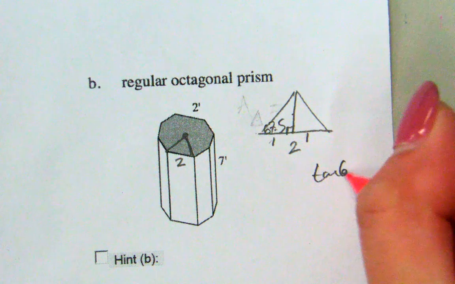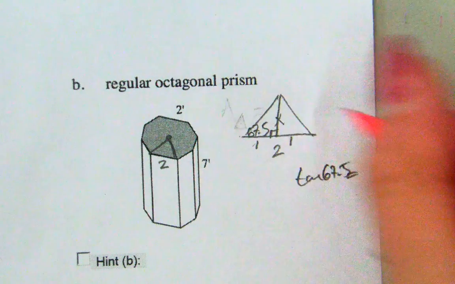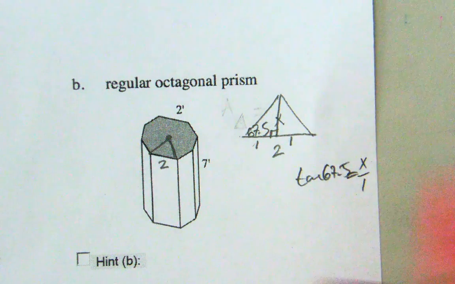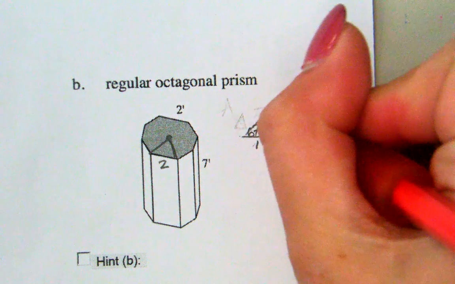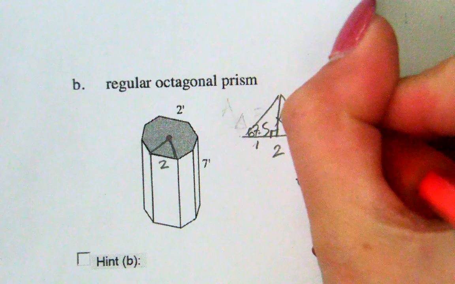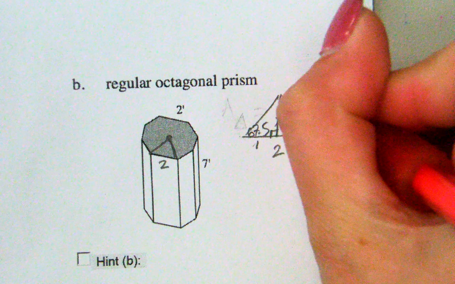Tangent 67.5 is equal to x over 1. So tangent 67.5 times 1, which is the same thing, is going to give you 2.4. So your height's going to be around 2.412. Yeah, I'm just going to do 2.412.